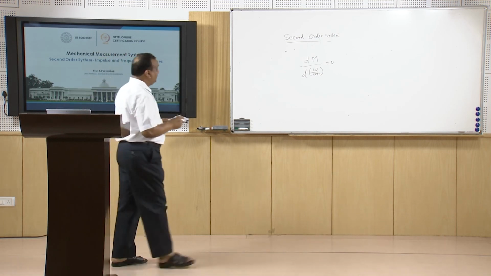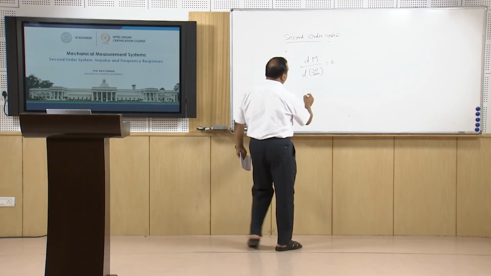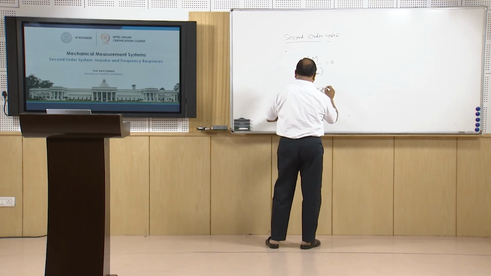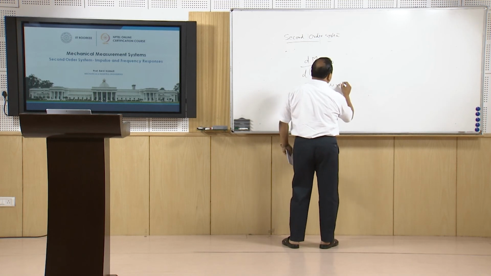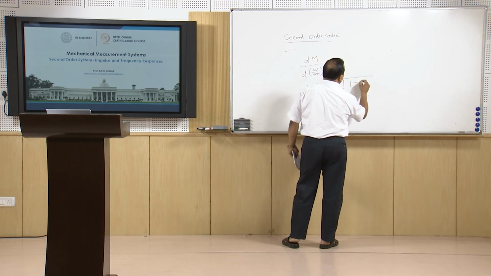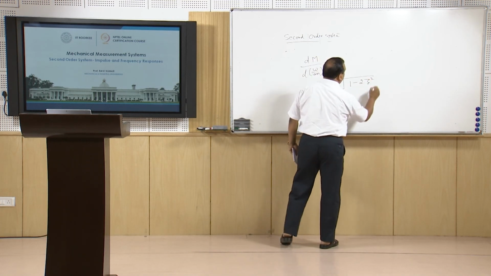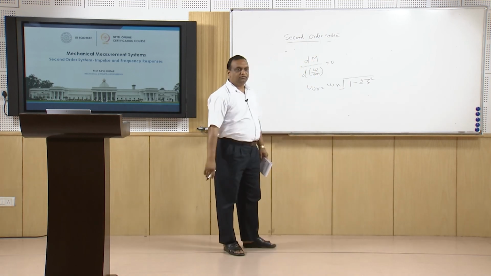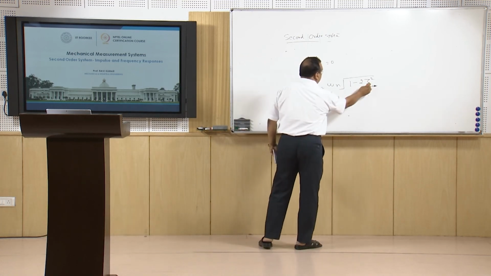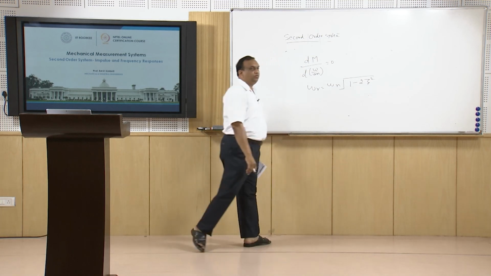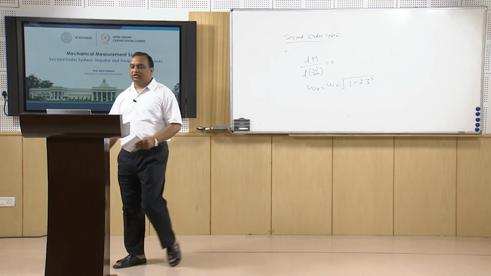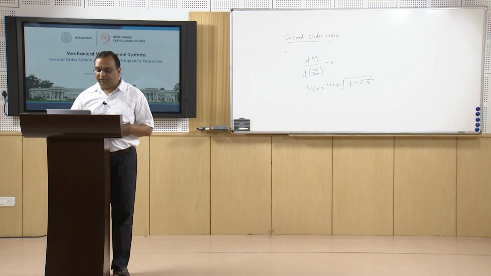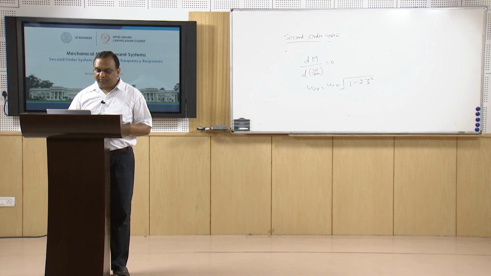So resonant frequency omega R is equal to omega n under root of 1 minus 2 zeta square. So once we have the damping ratio, we can find the resonant frequency of the system.